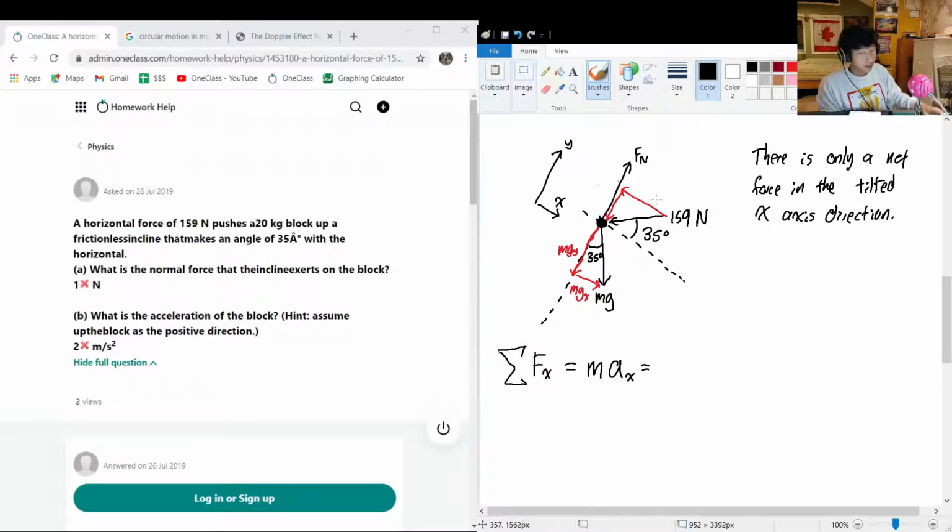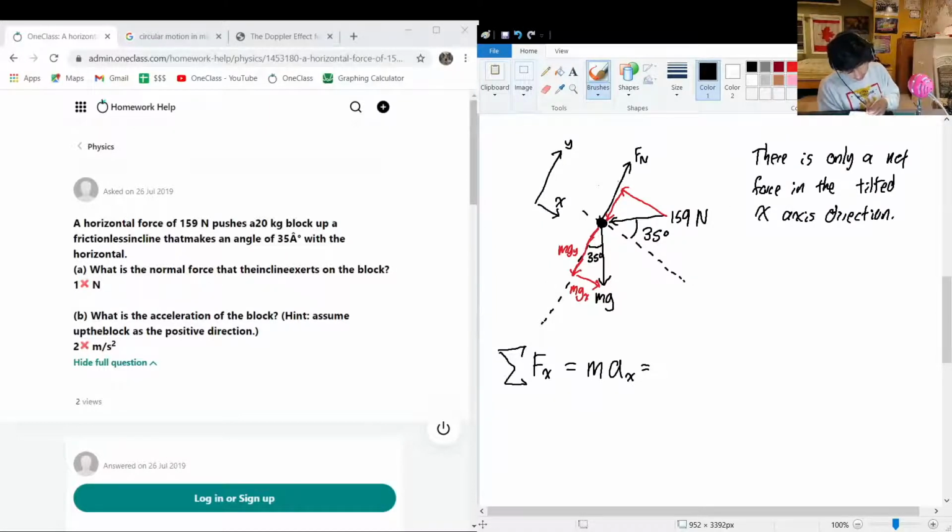You see mg, but we want only the x component of it, and that's going to be sine 35 degrees. You can kind of see how that works. Think back to your trigonometry if you just want to get a component from an actual force.